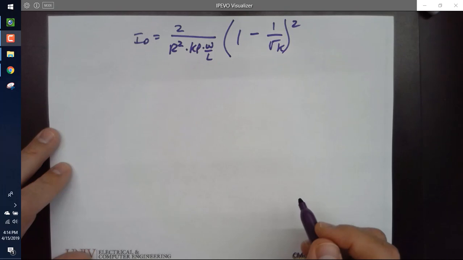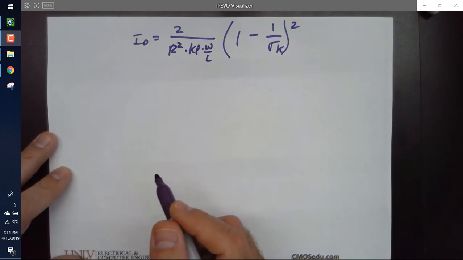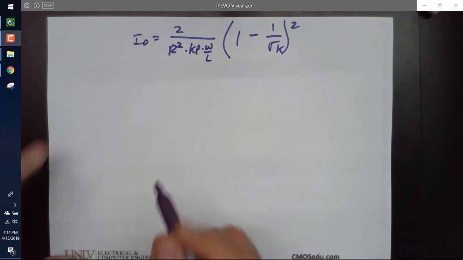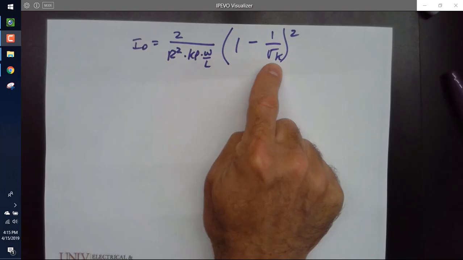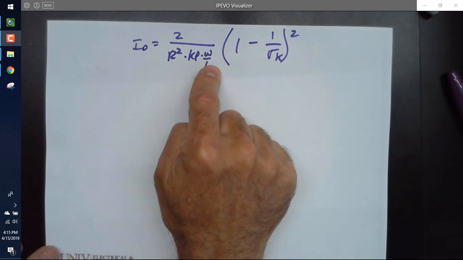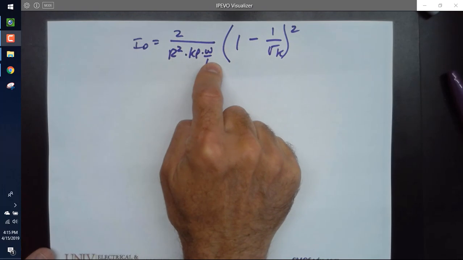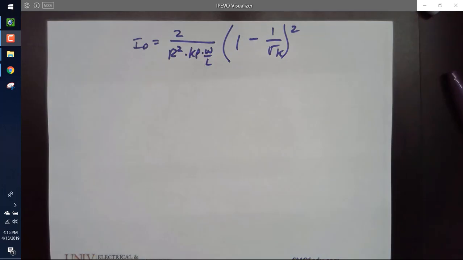Now I'm going to try to find the derivative, or the change in the drain current with temperature, but before I do that, refresh my memory on what changes with temperature here in this equation. Does the K? No. Does the W and the L? No. Does the Kp? Maybe. Yes, it does. It has the mobility in it, right?